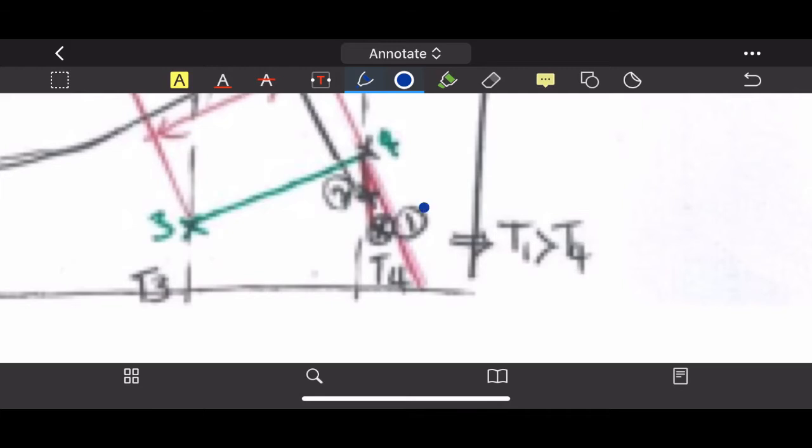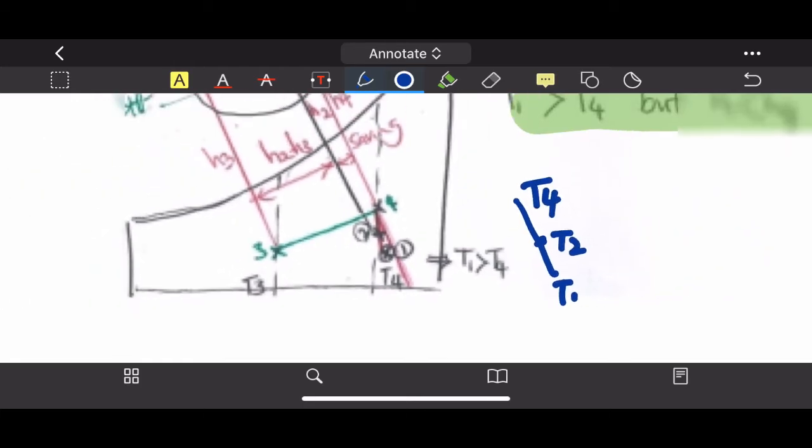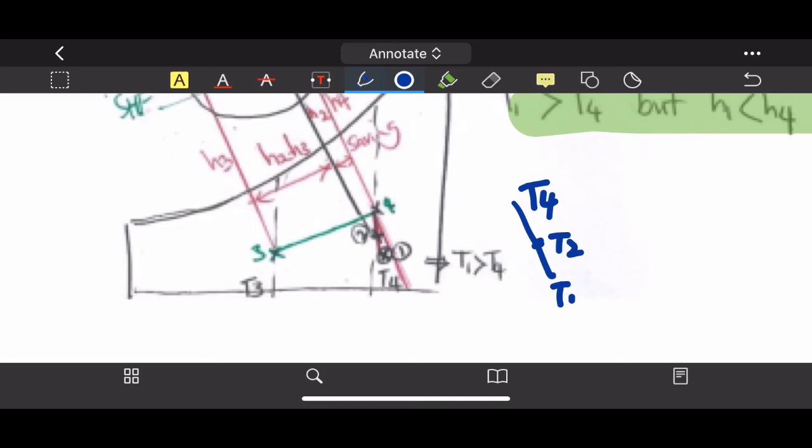So that 1 and 4 with mixing, because we use economizer, is not really like this. In the winter section just now, it is slanted like this. So T1 and T4 look something like this. T1 is always more than T4, right? And 2 is here, T2. So with this, T1 is bigger than T2, which is bigger than T4.